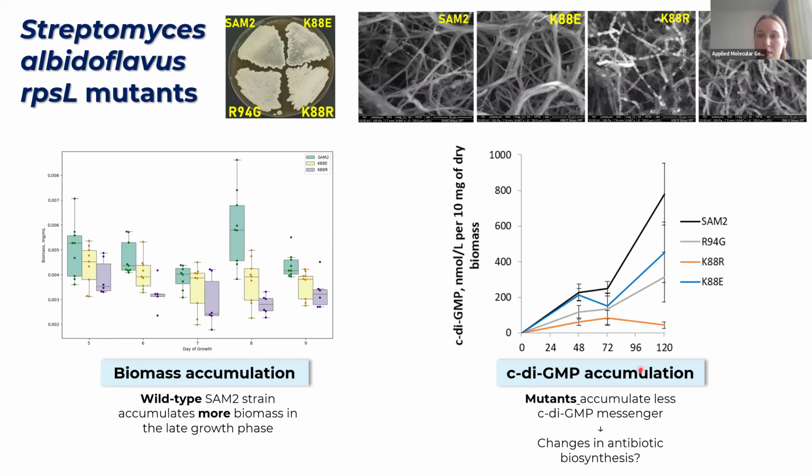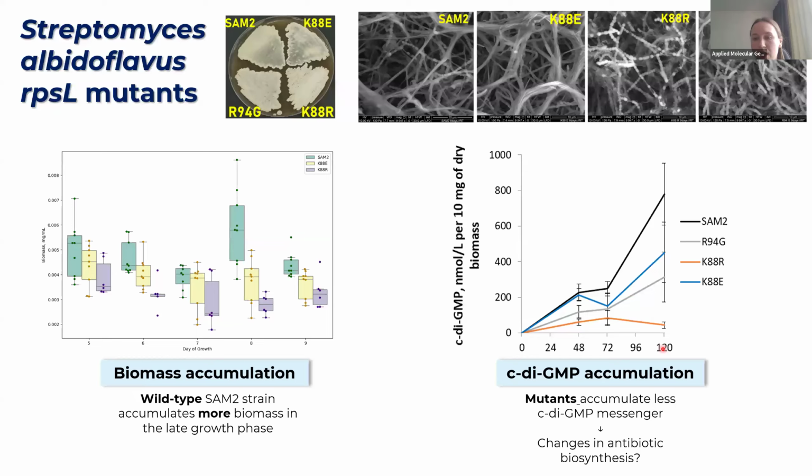Then we tested ability to grow or accumulate biomass, and these two mutants grew more slowly. Another difference in our mutants was accumulation of the bacterial hormone-like compound, second messenger c-di-GMP, which is significantly lower in our mutant K88R.